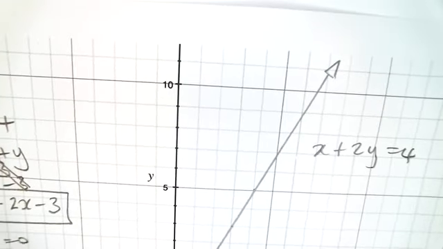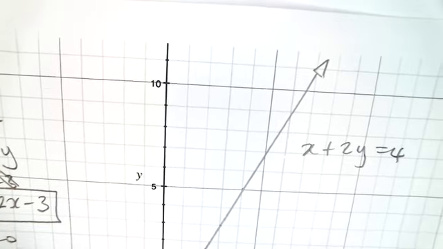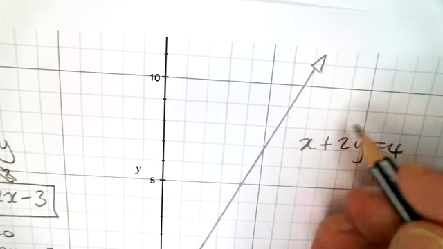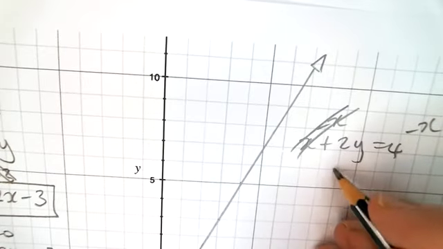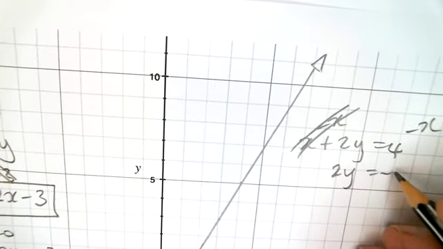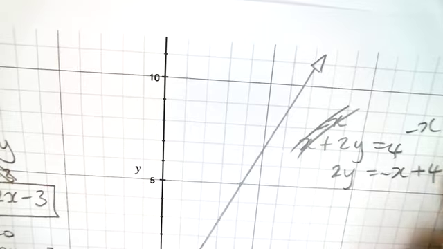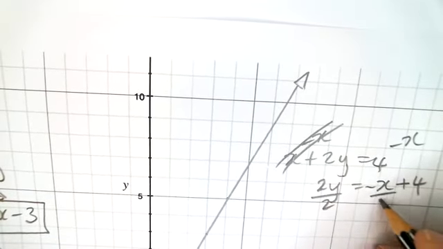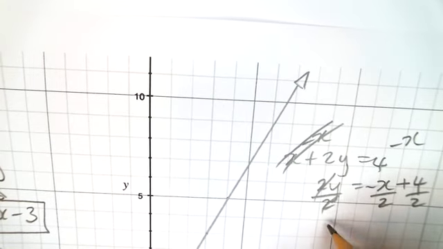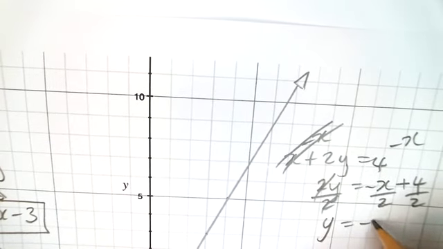I'm going to subtract x from both sides, so 2y is equal to negative x plus 4. That makes it nice and easy. I'm going to divide both sides by 2. So y is equal to negative x on 2, in other words negative a half x, plus 4 on 2, which is 2.